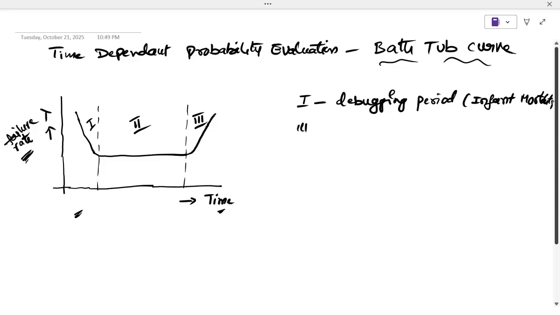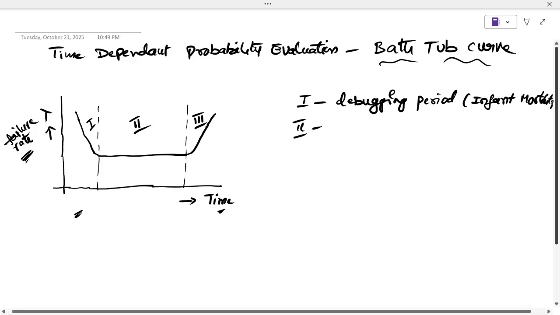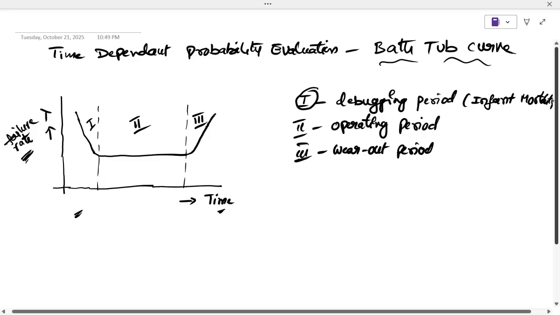The second phase is the operating period. And the third one is the wear out period. First, one by one we will see now. This first phase is the debugging period.